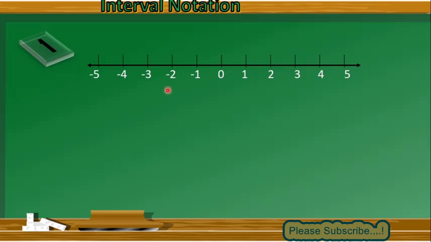For example, we have this one and this one. So we will determine what are the values or the solution of those inequalities. In writing the interval notation, we will consider these symbols.